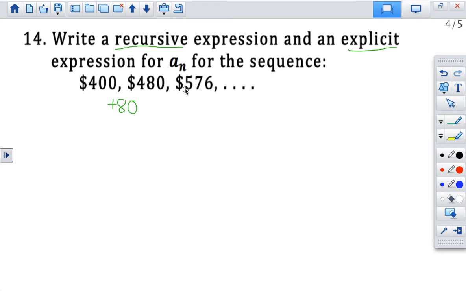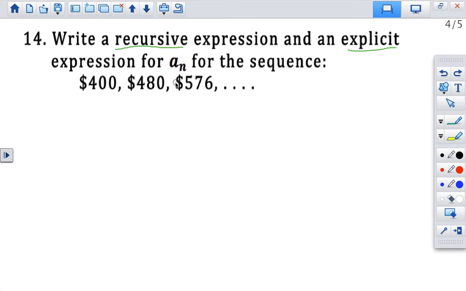So let's check the second and the third term. If I add 80 again, I would get 480 plus 80 gives me 560. And you can see here that my third term is not 560. So guess what? It is not an arithmetic sequence.